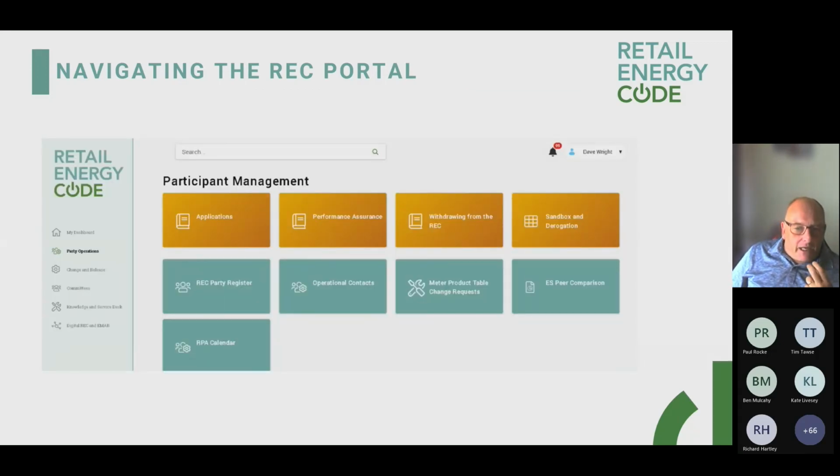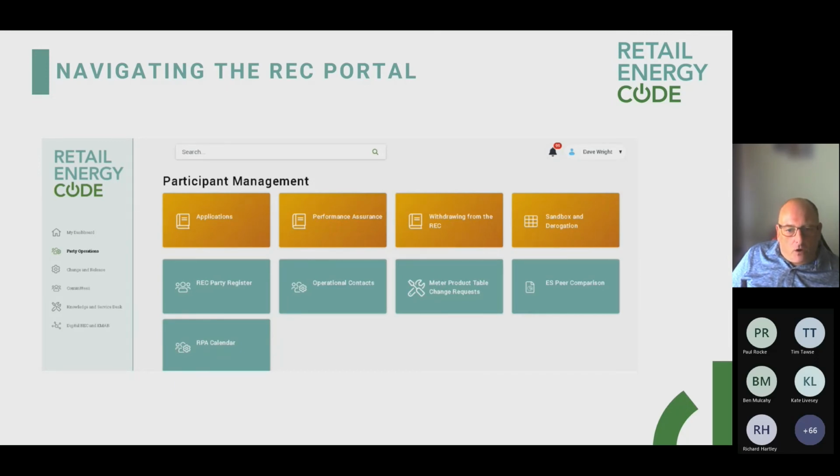Now then, in here, we talked about organisations that are AMIs, MEMs, and everything else. If you want to understand whether a party you are dealing with, or yourself, has the correct levels of authorisation, you can go into the area highlighted in black there, party operations.